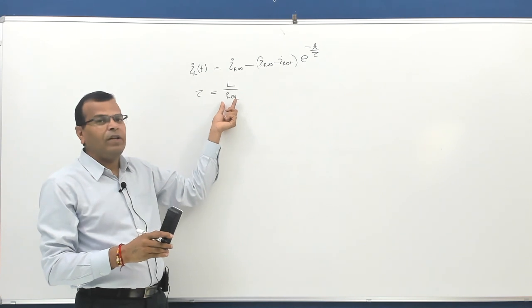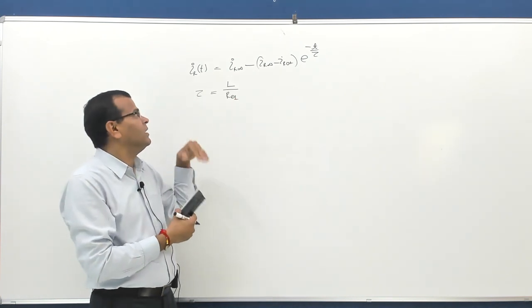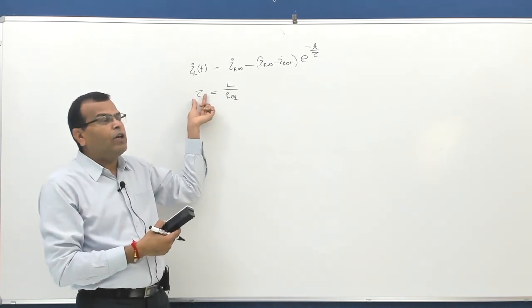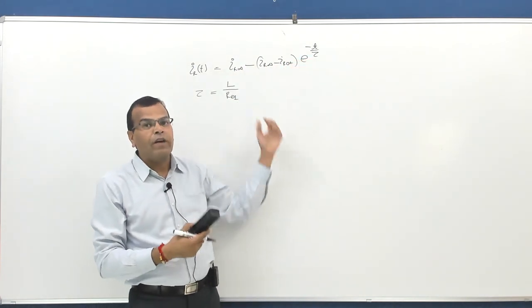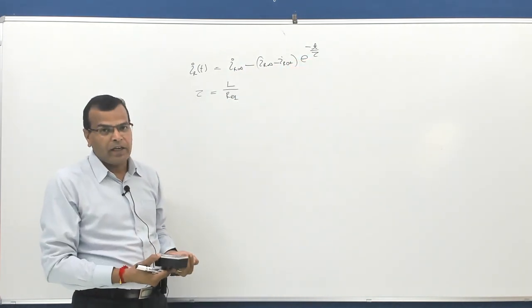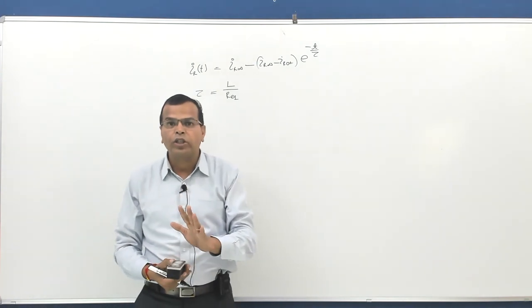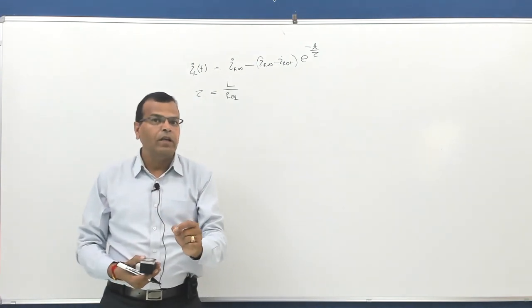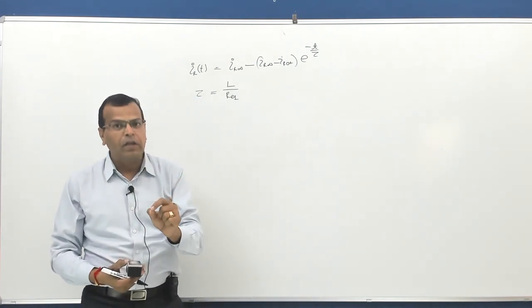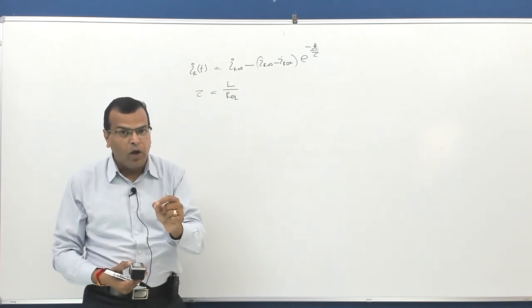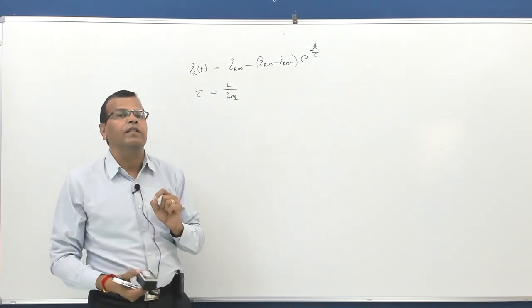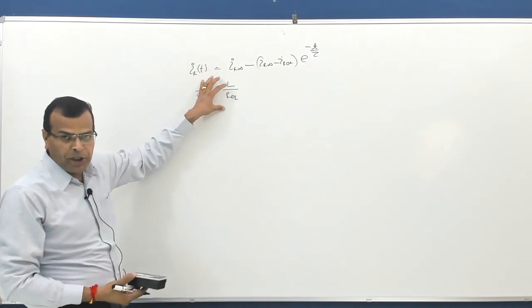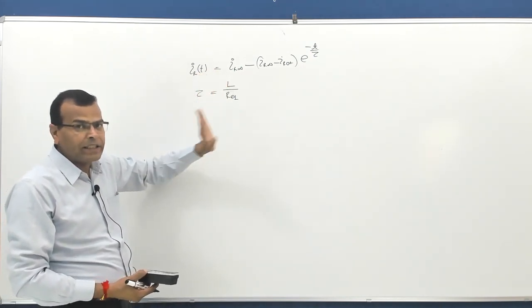So R equivalent will be same as in the previous case. It means the time constant of the circuit will remain same whatever you did in case of current through the inductor. Time constant will not change whether you are calculating current through the inductor, voltage across the inductor, or current through any of the resistance of the circuit. The expression of time constant is same.